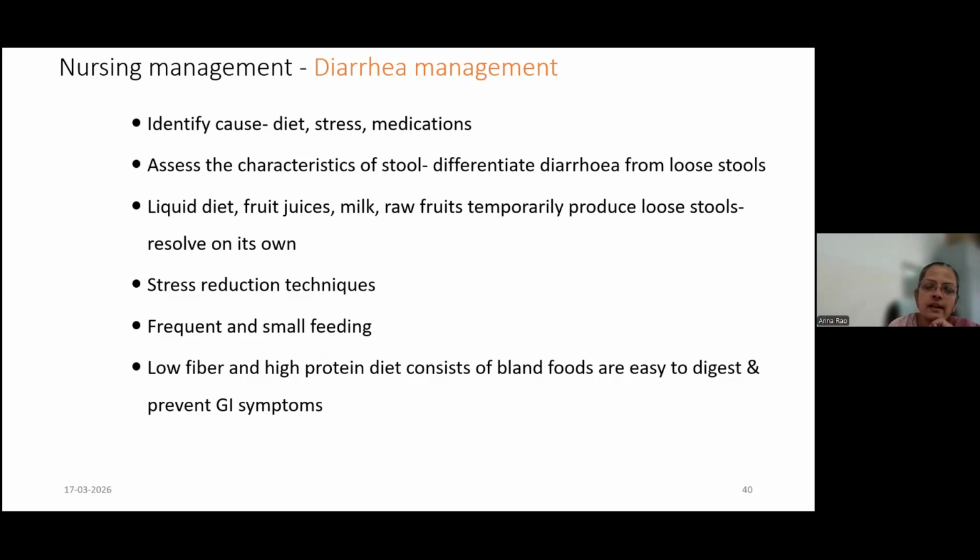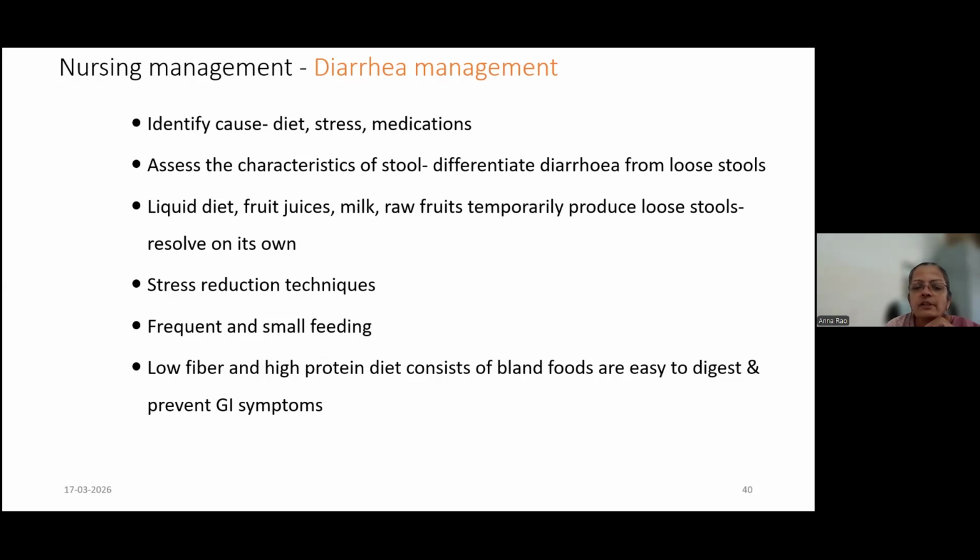If patient is having any kind of medications which can cause it. And these three things are very common that can cause diarrhea. Then also like in general diarrhea, same here also we need to differentiate diarrhea from stools, right? So characteristics of the stool is also very important.